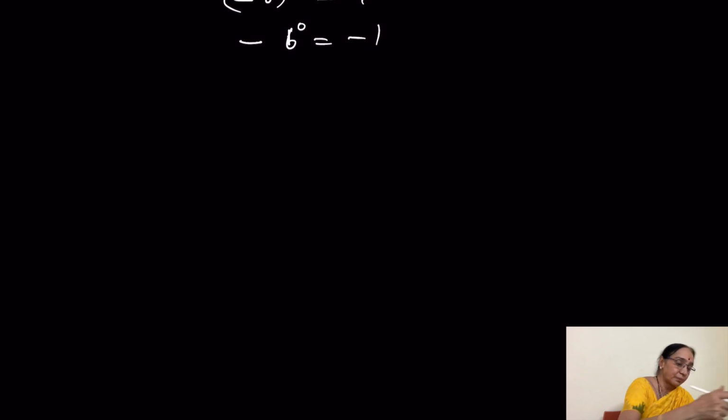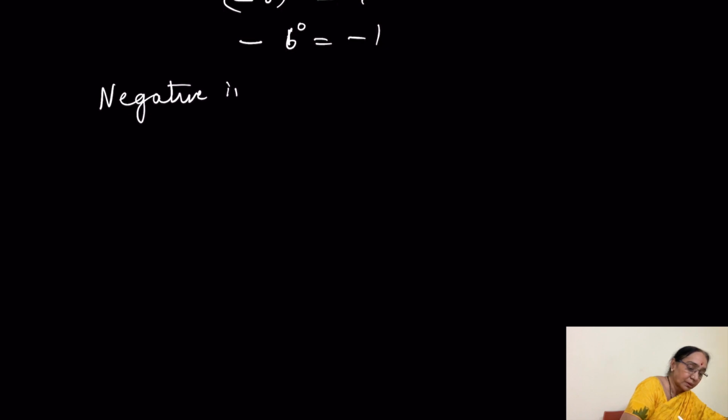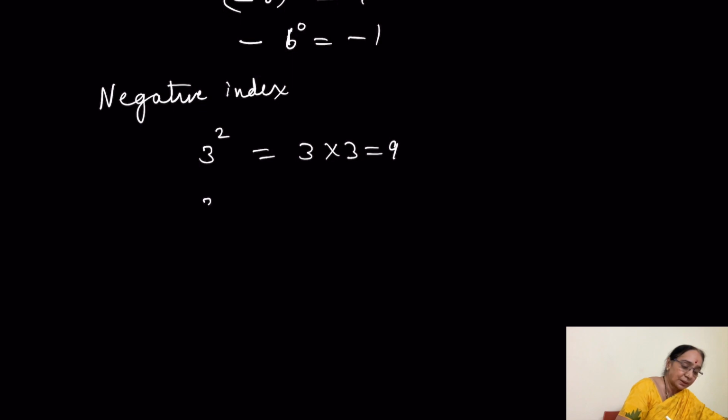Now we'll move on from zero index to negative index. Now when I say 3 raised to 2, it makes sense. 3 times 3, 9. But when I say 3 raised to negative 2, how can I multiply 3 negative 2 times? What is the meaning of multiplying negative 2 times?